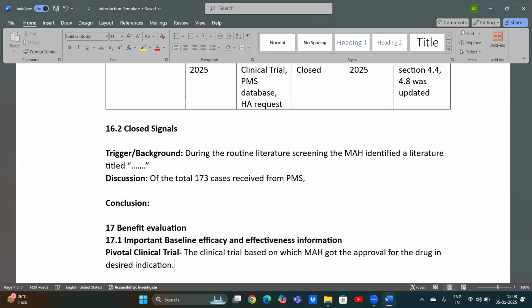If there is some formulation, it could be for the same indication or a different indication. This trial is based on indication, not on formulation. If a formulation is there, we will seek that this formulation is also approved. That is a different part, but the indication will remain the same. So a clinical trial is basically done for indication.